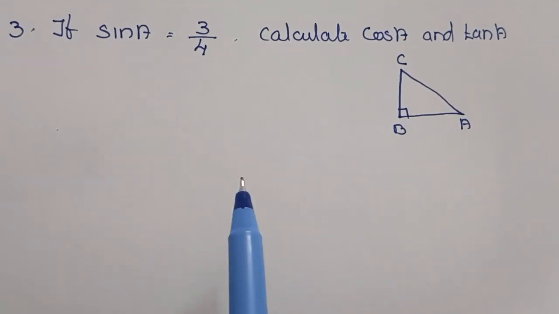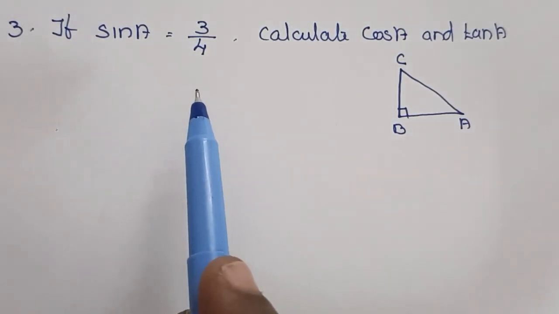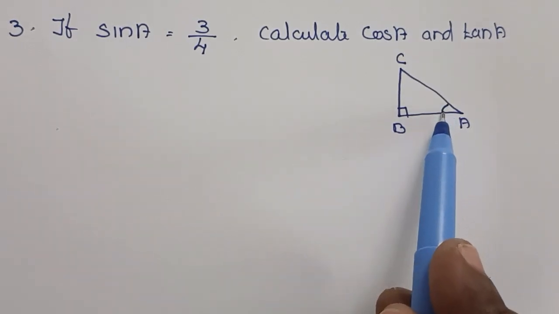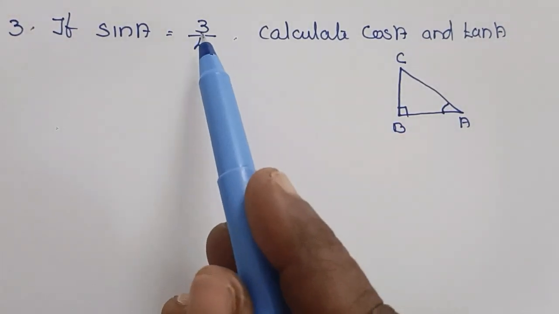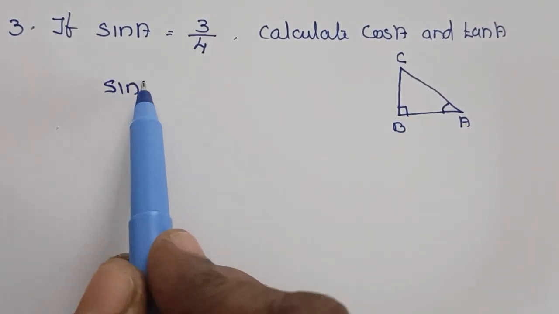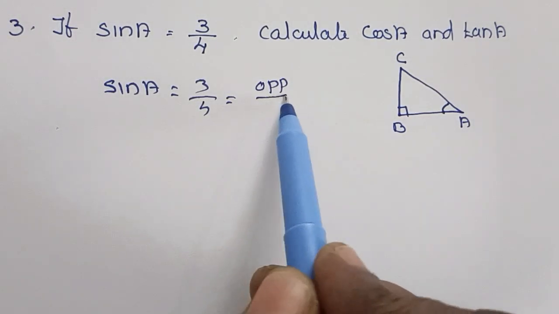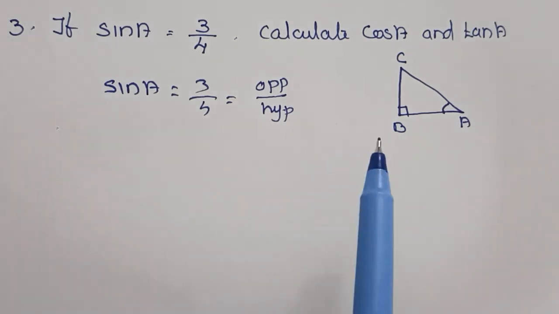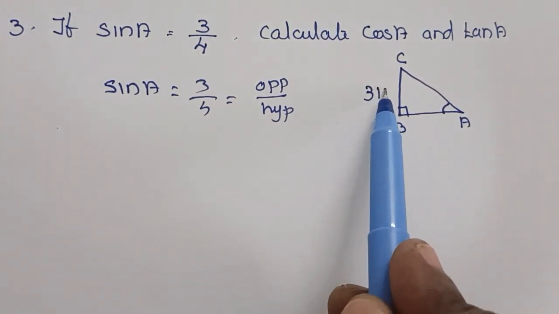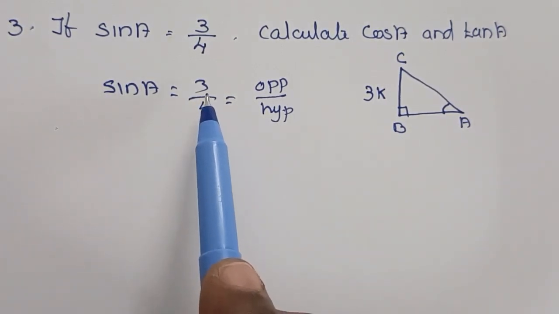Third question. If sin A equal to 3 by 4, calculate cos A and tan A. Sin A equal to 3 by 4. Sin is opposite by hypotenuse, here the angle is A. Since only the ratios are given, we have to write the opposite side as 3 into some constant k, because after cancellation only the simplest form is given.